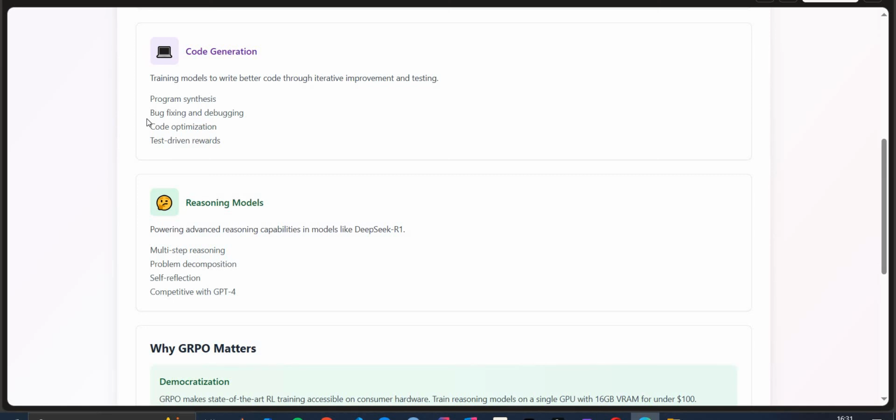Here, the reward signals come from testing: whether the program runs correctly, passes tests, or fixes bugs. Through repeated iterations, the model learns to write cleaner and more accurate code. You can think of this as a reinforcement loop for coding. The model generates code, it gets scored, then it improves based on those scores.